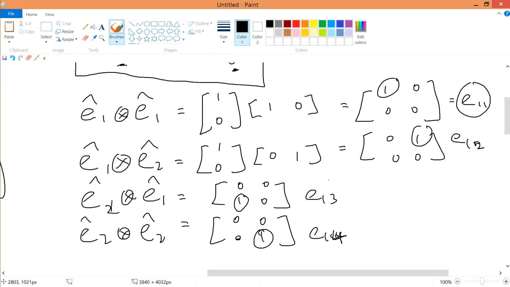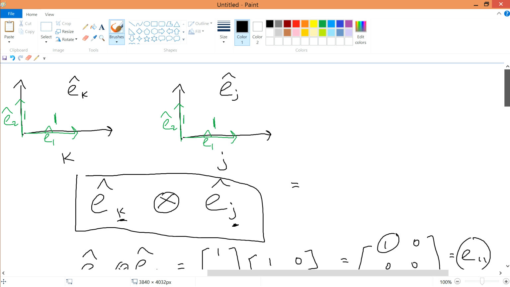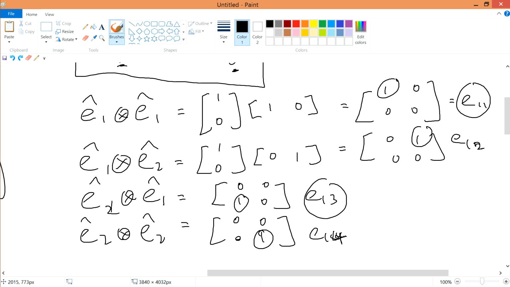Do you find it very familiar? You are simply building up the blocks for a matrix using the basis vectors. This is in terms of 2D. If it's 3D, then I have more things to write, but I just want to convey the concept. So in terms of 2D, this can suffice.